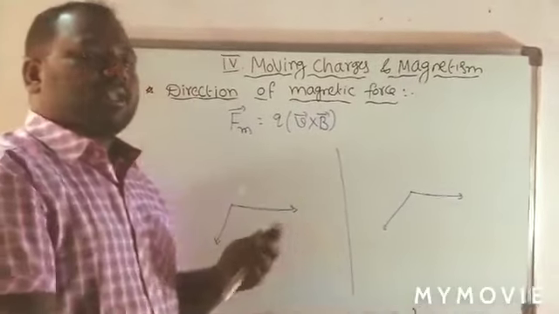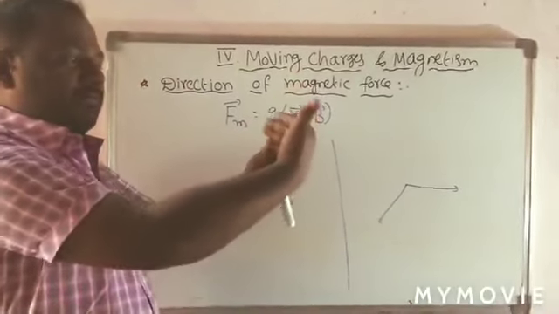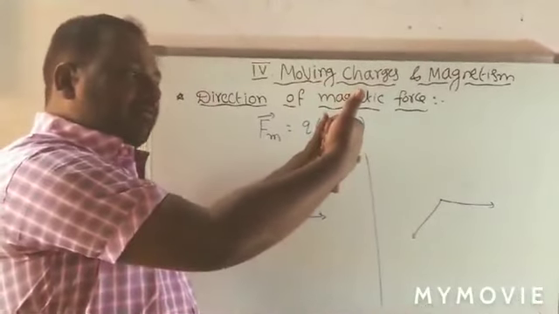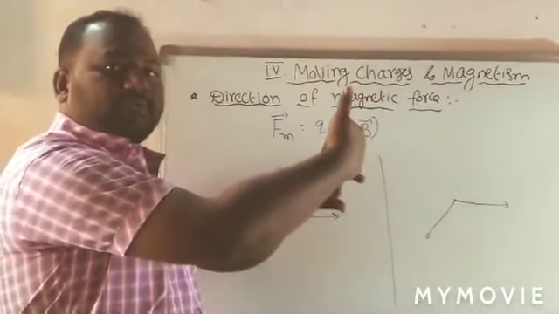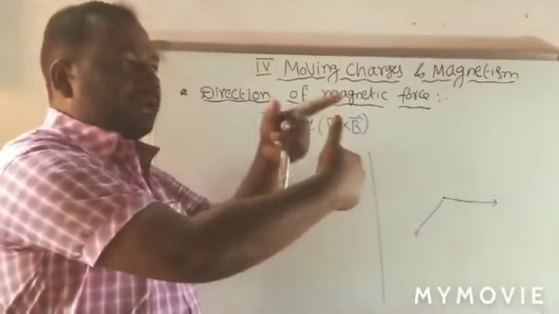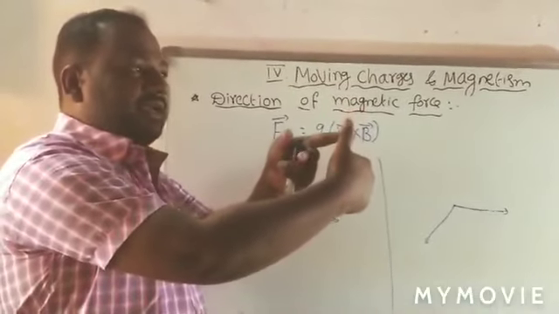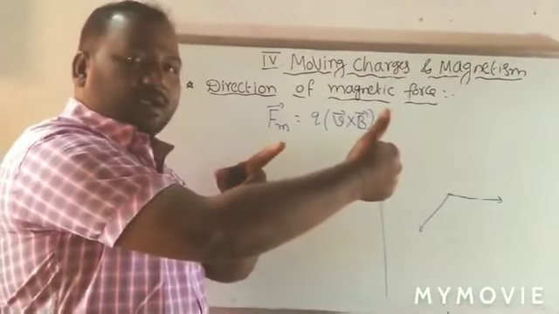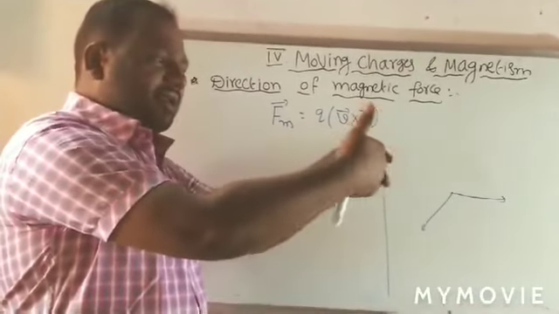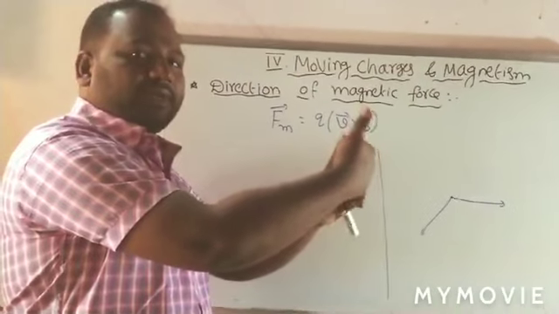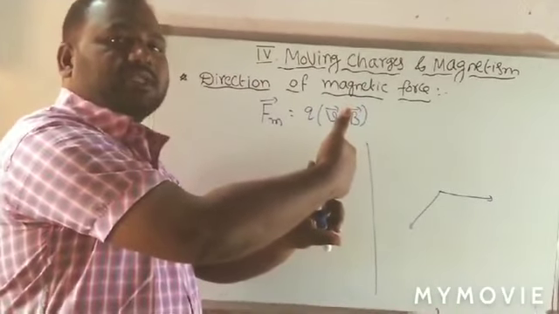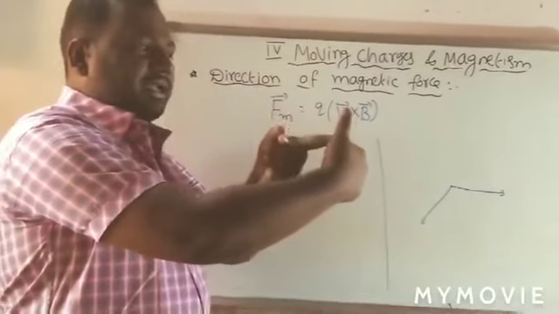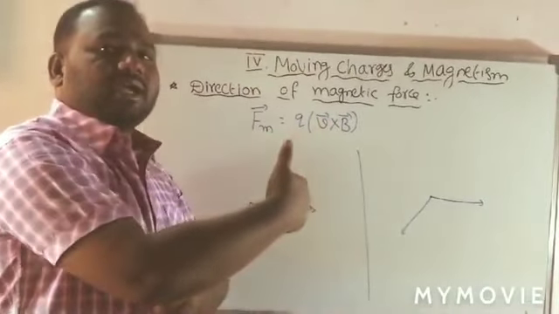When we curl our four fingers, the curl of the fingers represents the magnetic field, and the direction of the thumb represents the magnetic force.